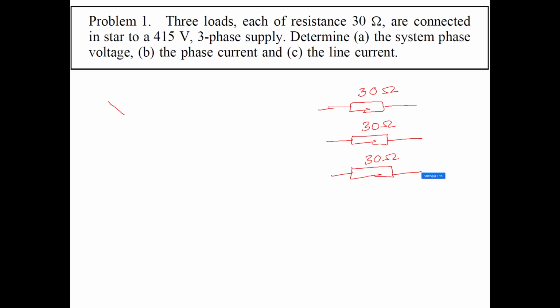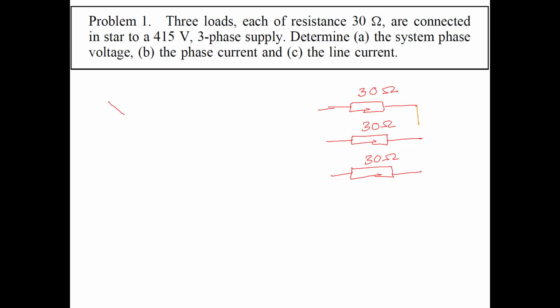Now, whenever we are talking about a star connection, that means one of the two terminals from each component will be commonly connected. So I can take this one as the common connection.